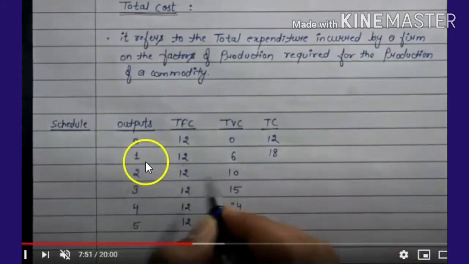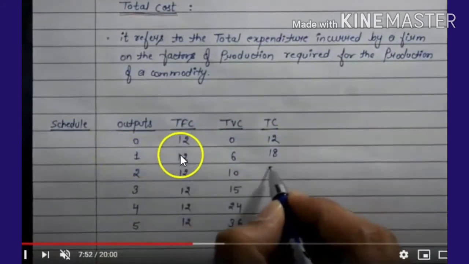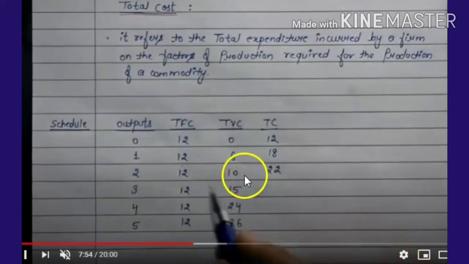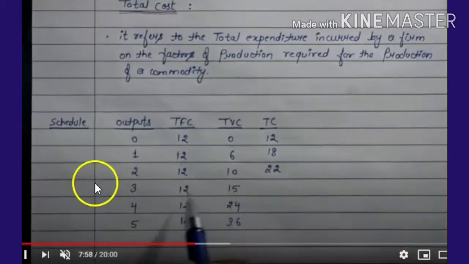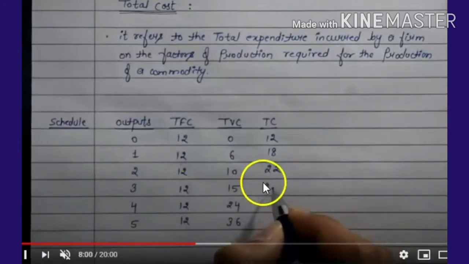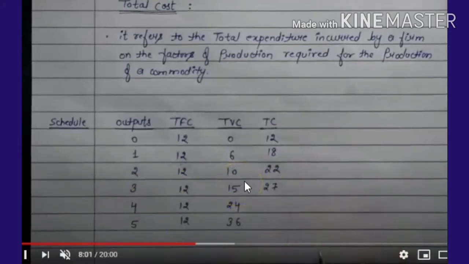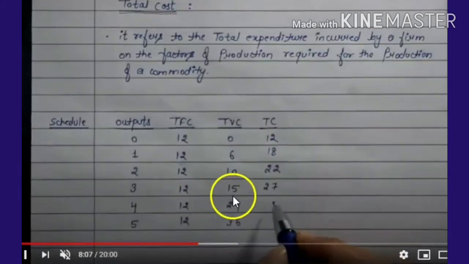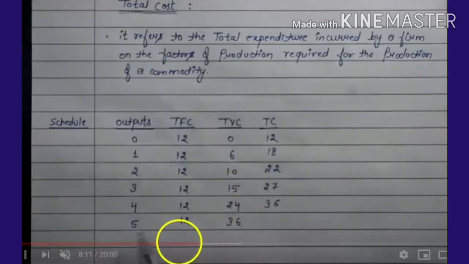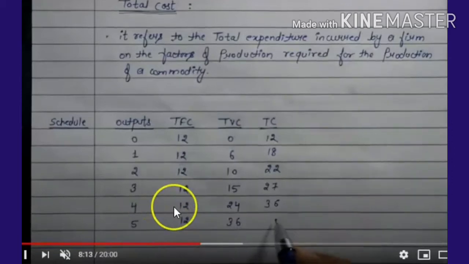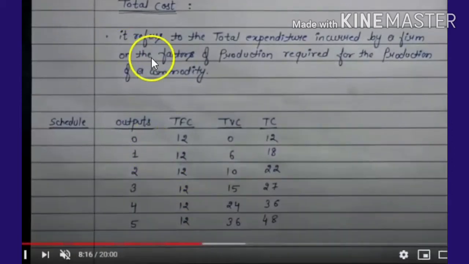The cost spent for one additional output is 12 plus 6, that's 18. 12 plus 10 is 22. 12 plus 15 for the third output is 27. Then 12 plus 24 is 36. Next, 12 plus 36 for the fifth output will be 48. Hope you understood this schedule.